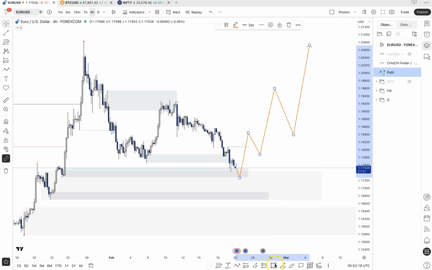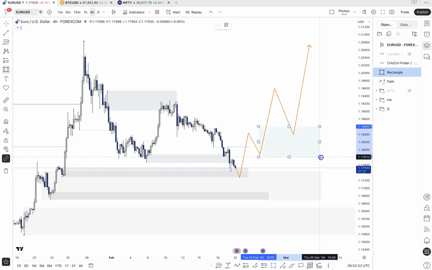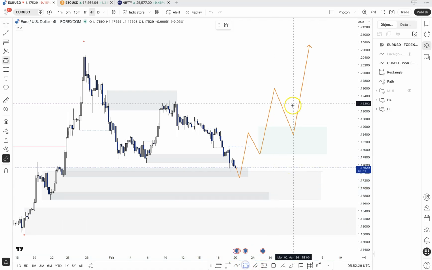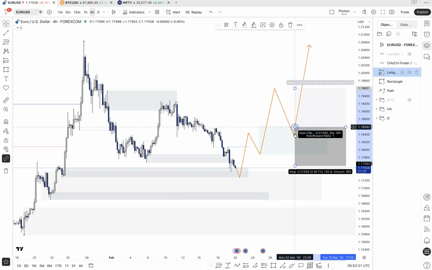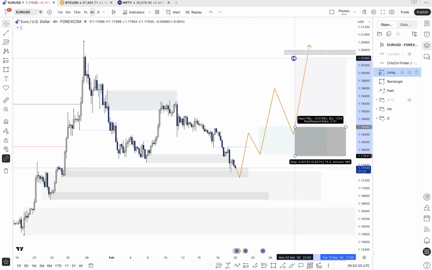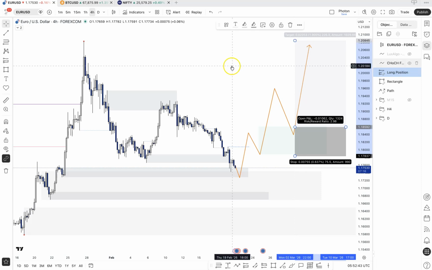So maybe if we form some kind of a zone here, and the price pulls in here, then maybe I can look at playing a long over here, cover this, and maybe go for a 1:2, or maybe at this point even look at targeting this weak swing high. So maybe something like this, in case the price does this. So this will be like a 1:3 trade.